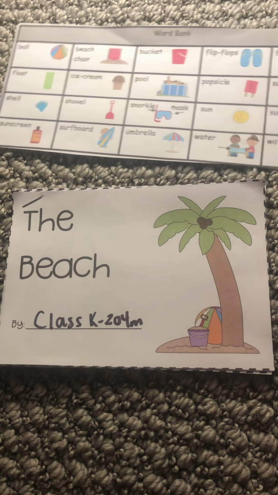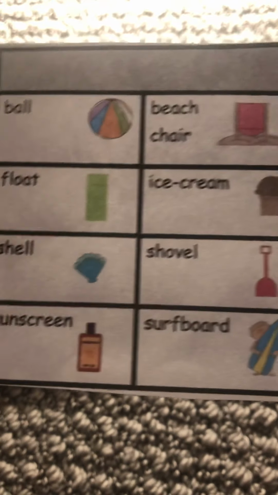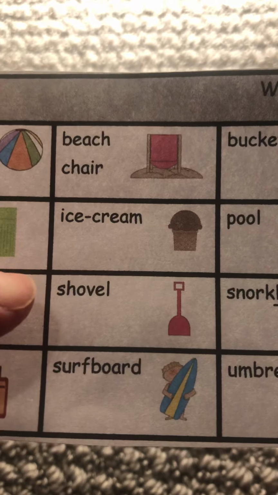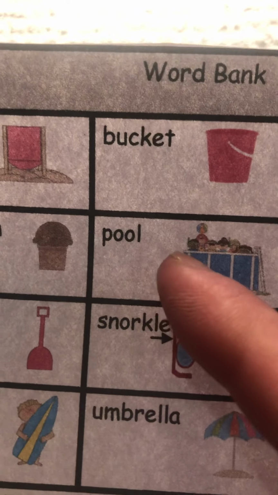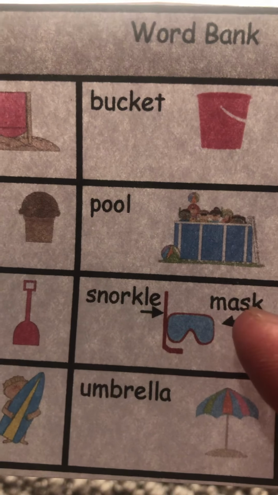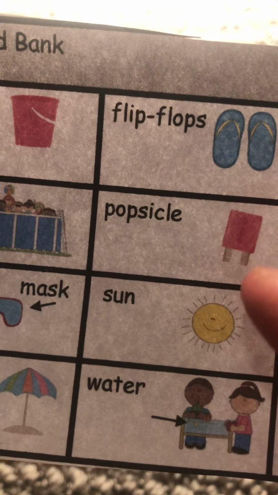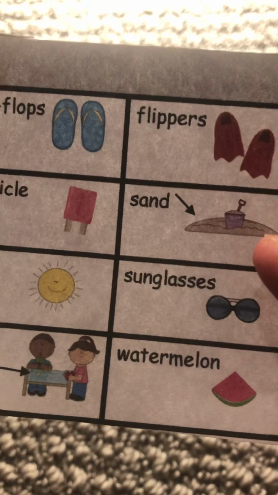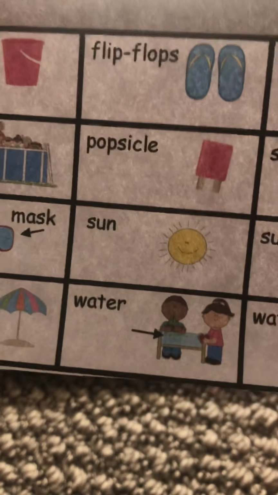We have ball, float, shell, sunscreen, beach chair, ice cream, shovel, surfboard, bucket, pool, snorkel, mask, umbrella, flip-flops, popsicle, sun, water, flippers, sand, sunglasses, and watermelon.